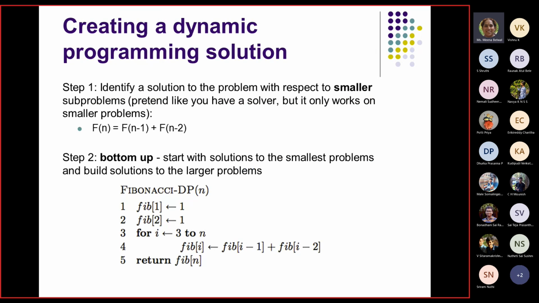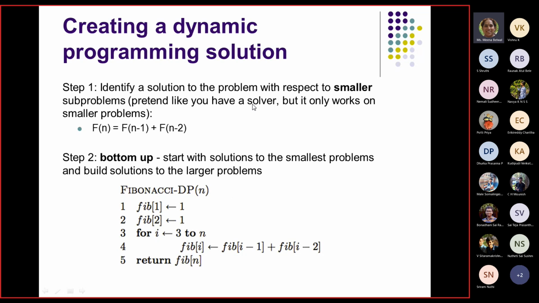So, creating a dynamic programming solution. Since we know the problem, we can't help it, right? Because that's the nature of the problems. The only thing is we can make our algorithm accordingly. So if I want to solve it using dynamic programming, let me approach bottom up. Step 1, identify a solution to the problem with respect to smaller subproblems.